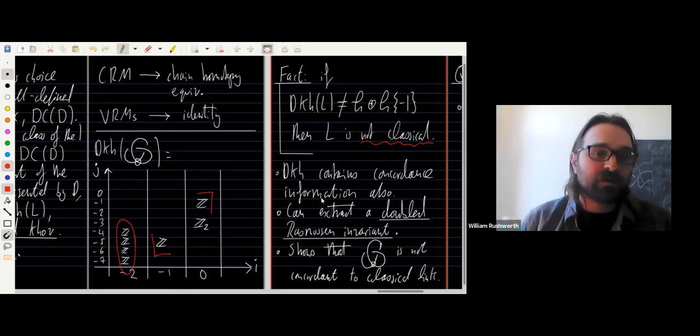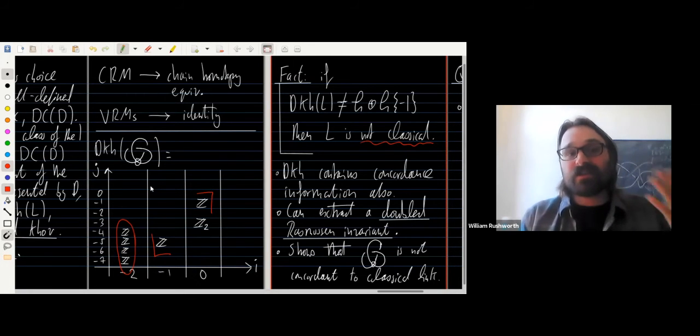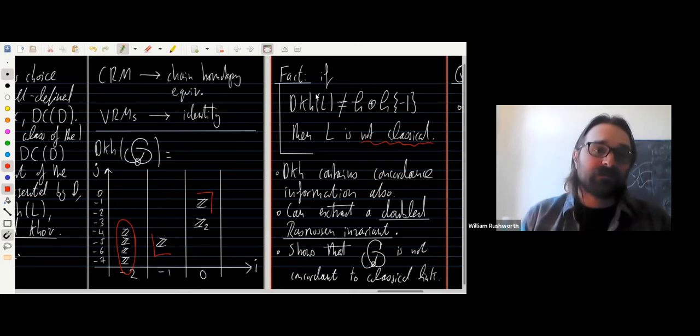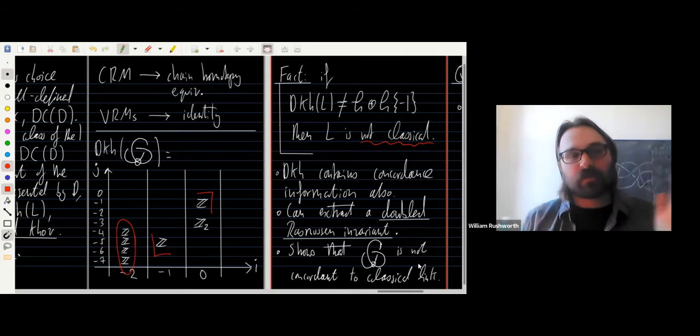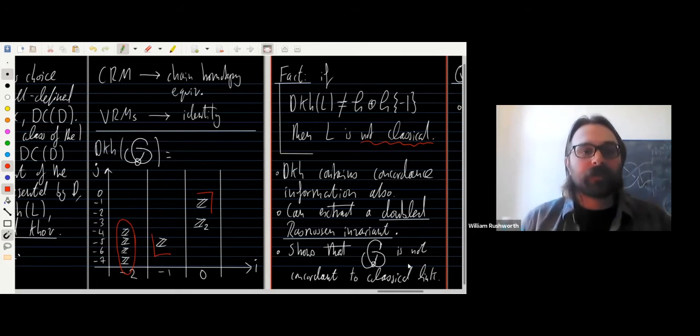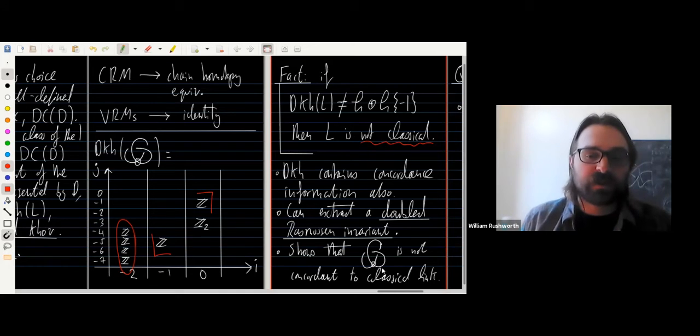And for example, one can use this invariant to show that the link here that we computed the homology of is not a classical link, and it's not even concordant to a classical link. Now, I know I haven't said what virtual knot concordance is, but for those that know, you can use it to prove this isn't even concordant to a classical link.